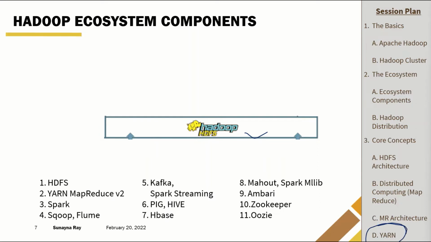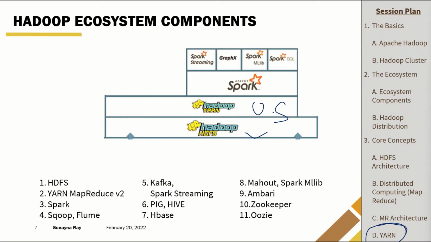This is basically known as MapReduce version 2. This was visualized to be the operating system for Hadoop. The idea of YARN was to improve the scalability, performance, and resource utilization. So, as the name suggests, this has to do a lot with the resources and how the applications are running.